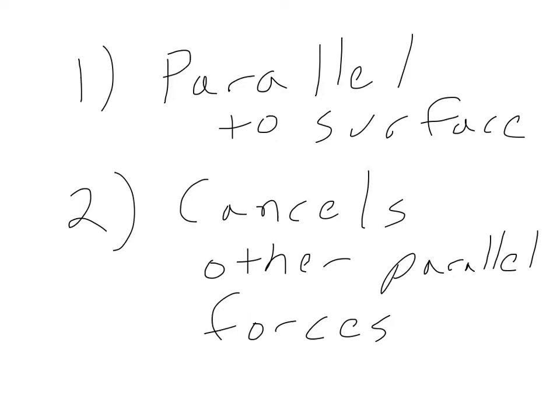That's what static friction does. It resists any push that's parallel to the surface in any direction. It'll exactly cancel out any external force. If something is resting on a table, and you push it sideways, static friction will act to cancel out your sideways push.